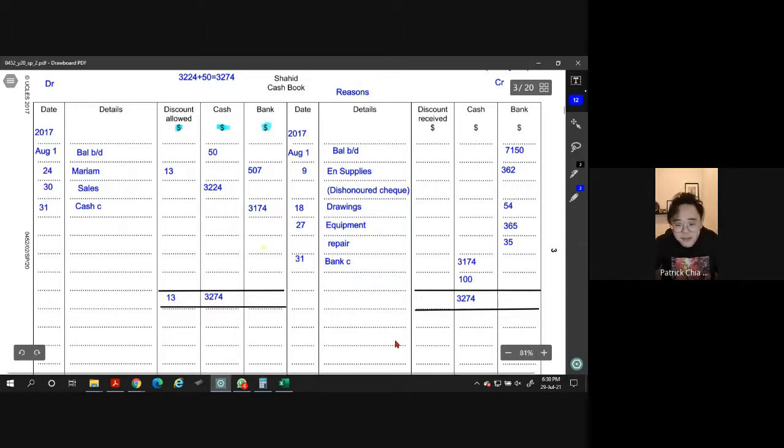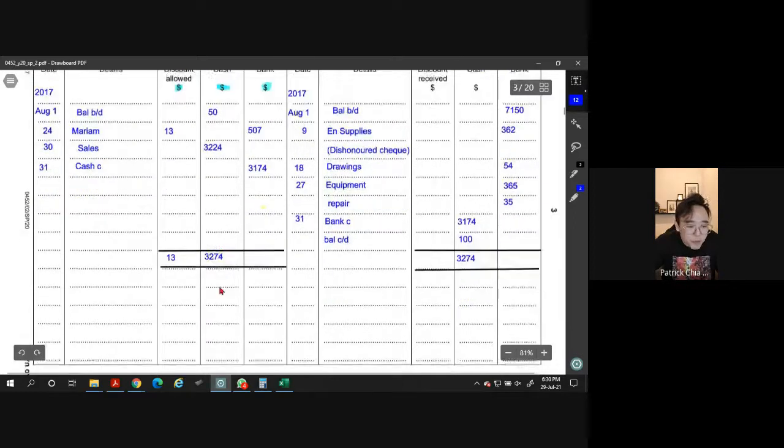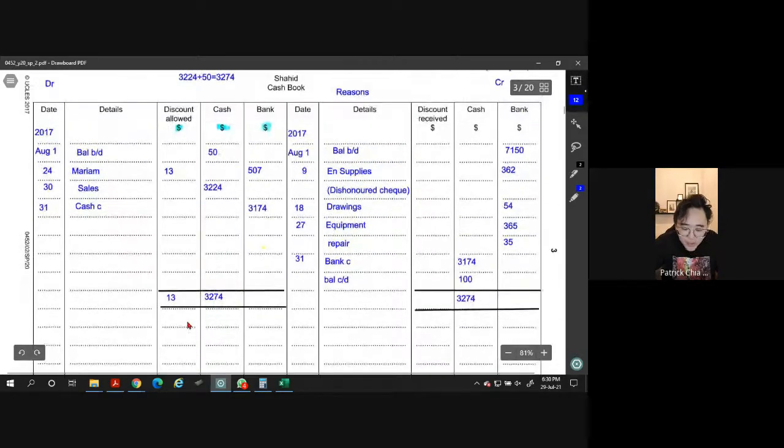All right. After that, don't stop first. First balance CD, no marks yet. Continue with the 100. Put it correctly under the cash column. If you put at the side there, suddenly you put under discount allowed, can you get marks? No, cannot get marks already. So you have to make sure that you put correctly under the cash column, 100.